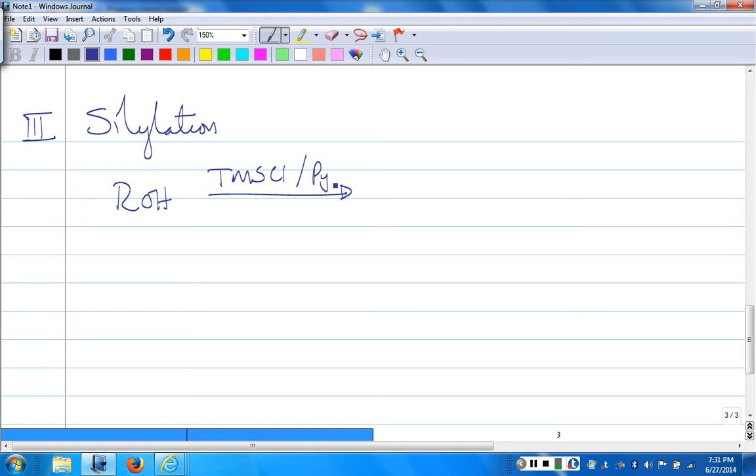TMSCl is an acronym for trimethylsilyl chloride, which is this compound. So it's trimethyl, so there are the methyl groups here. Trimethylsilyl chloride. PY is the accepted abbreviation for this compound, which is pyridine. So PY is pyridine.